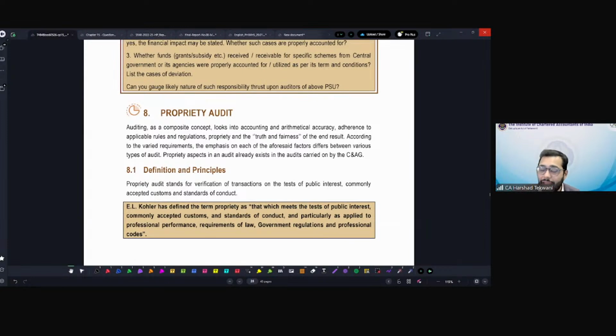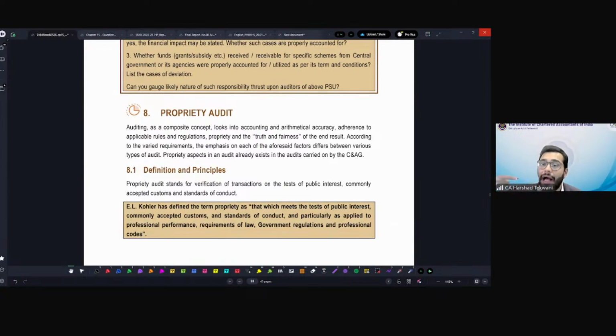Here we see whatever is being done, whether it is in the interest of the public or not, whether it is prejudicial to the interest of society or not. Detecting waste, extra expenditure, unauthorized use of public funds, unauthorized awarding of contracts, and drafting of schemes in such a way that they could be misused.